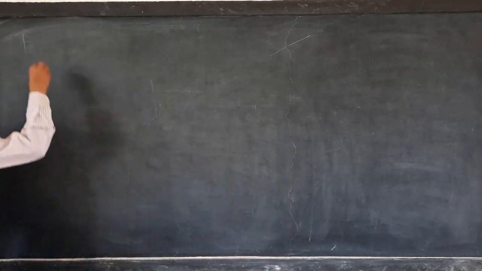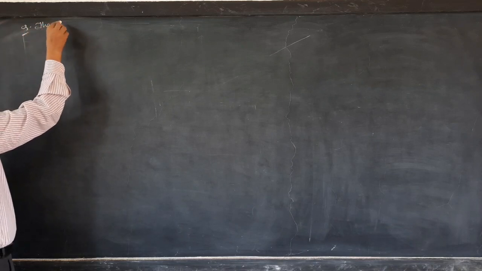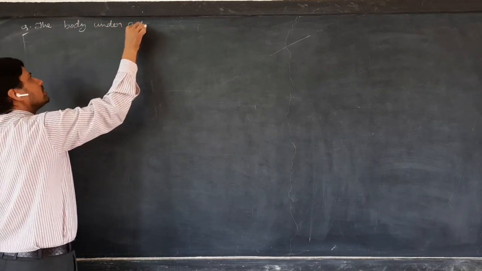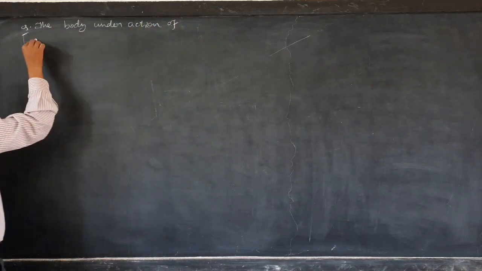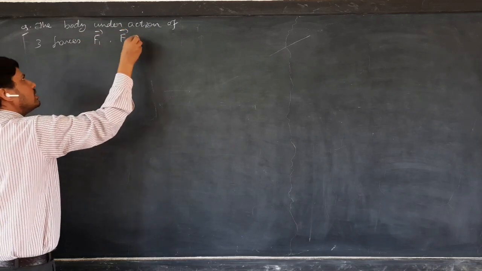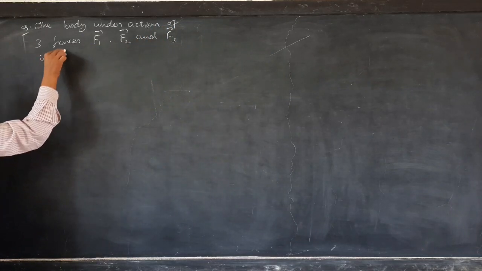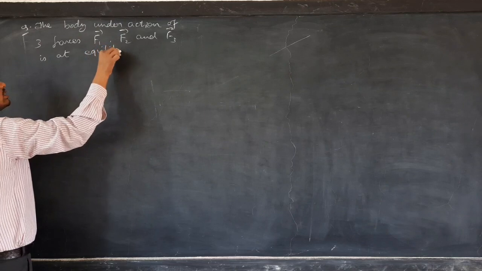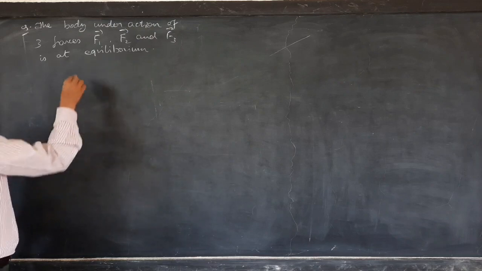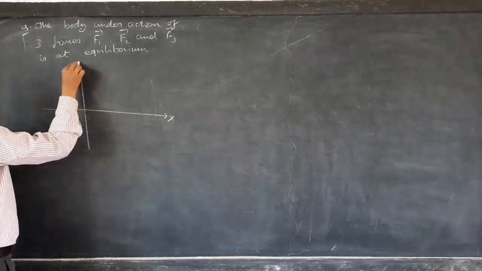Suppose it is given that a body under the action of three forces, F1 vector, F2 vector and F3 vector, is at equilibrium. And the figure is given in the question. Suppose this is our y-axis, x-axis.